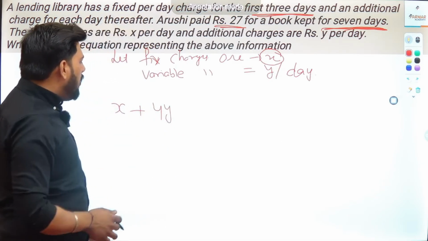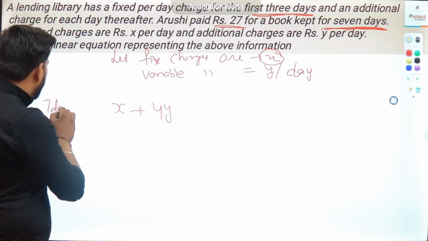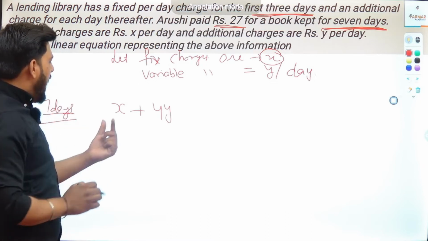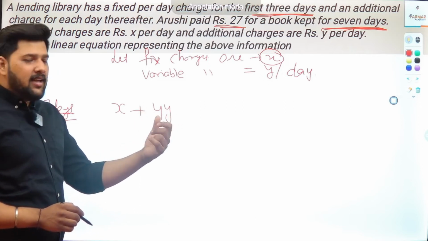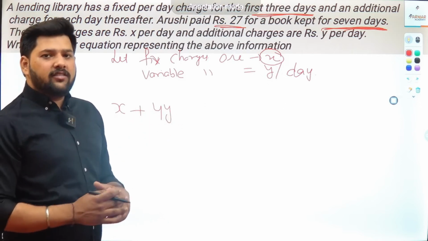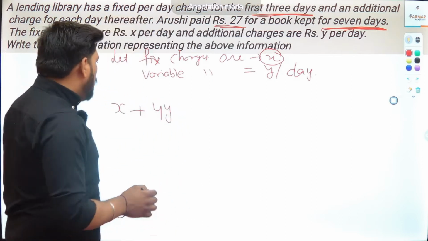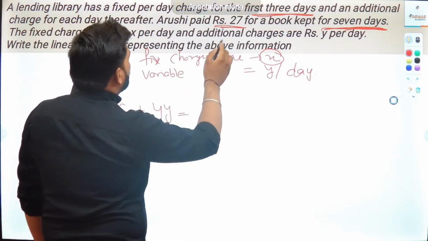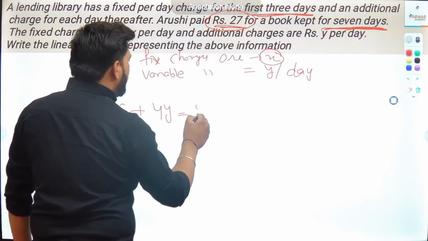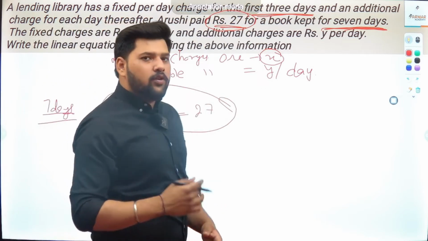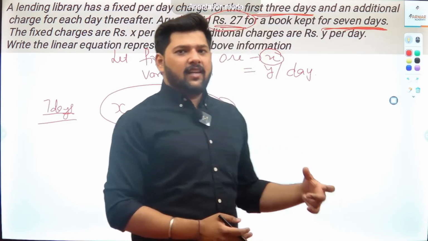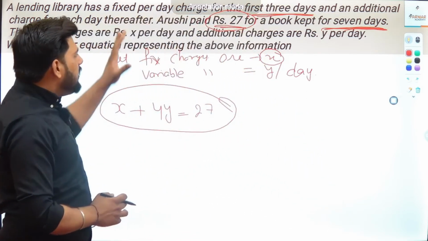This is the total amount for 7 days: x rupees for the first 3 days and y rupees for each day after 3 days, that is 4y for the remaining 4 days. According to the question, she paid a total of 27 rupees for 7 days.